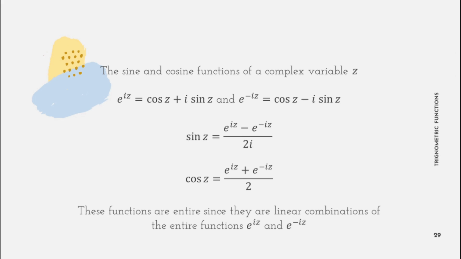By using the same way, we get sine z is equal to exponential iz minus exponential minus iz over 2i, and cosine z is equal to exponential iz plus exponential minus iz over 2. These functions are entire since they are linear combinations of the entire functions exponential iz and exponential minus iz.